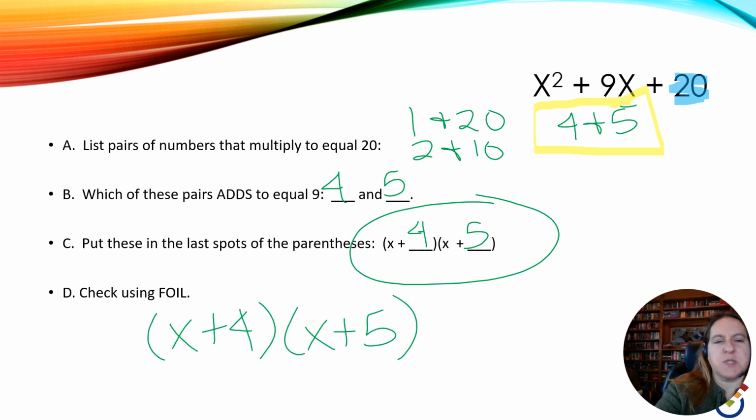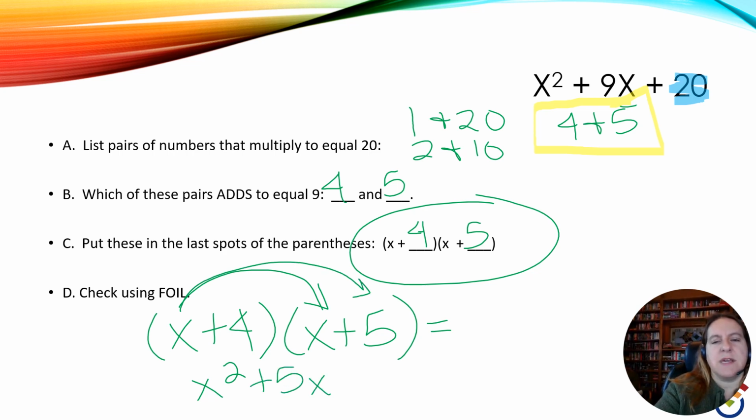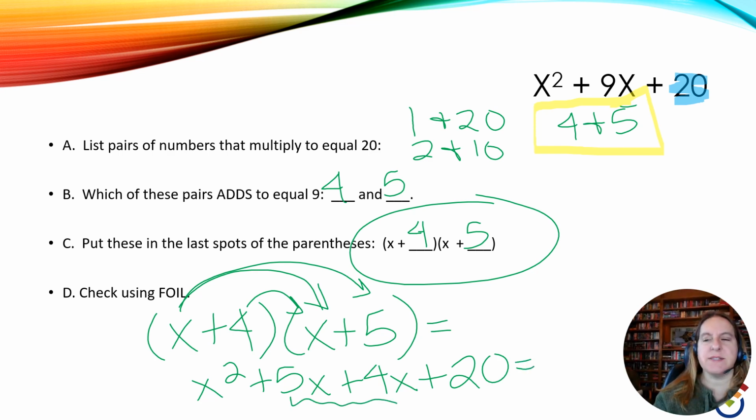FOIL says we multiply the first: x times x is x squared. Outside, x times 5 is 5x. Inside, 4 times x is 4x. Last, 4 times 5 is 20. When I combine those, I get x squared plus 9x plus 20.